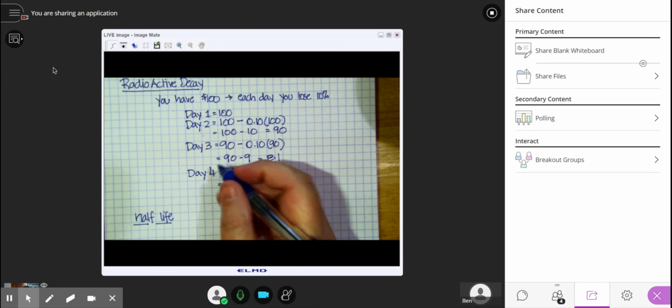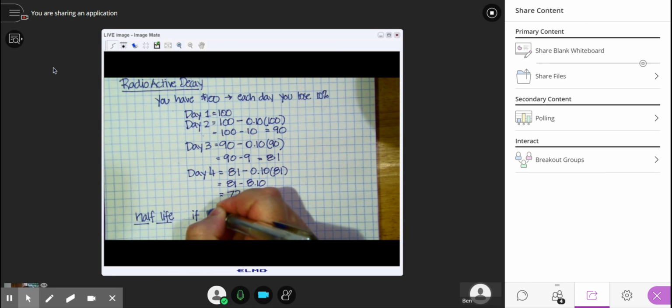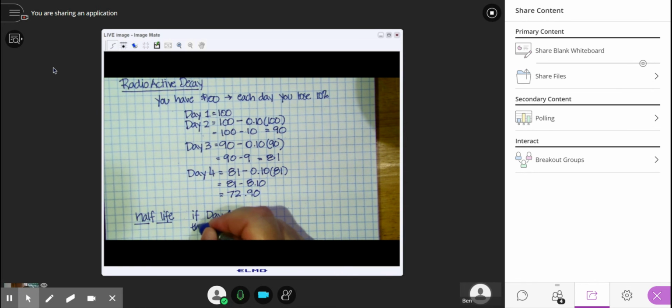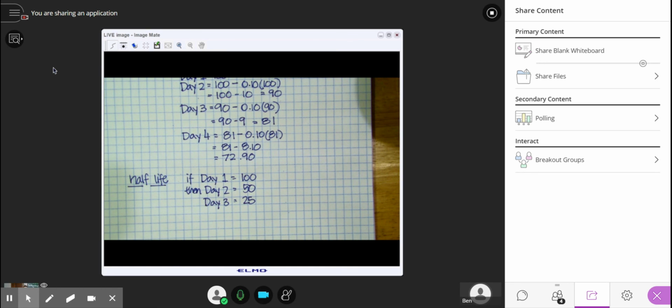What that means is if day one you have $100, then day two you would have $50. And day three, you would have $25. Do you see how it's going down by half each day?